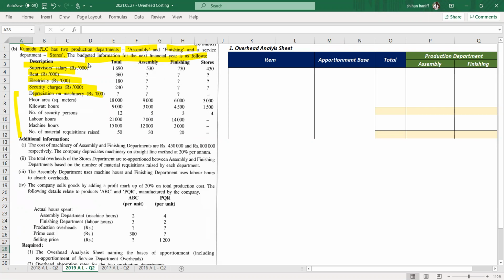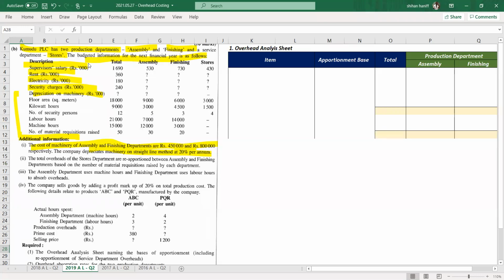Additional information: the cost of the machinery for assembly and finishing department is 450,000 and 800,000. Depreciate the machinery on straight line 20%.